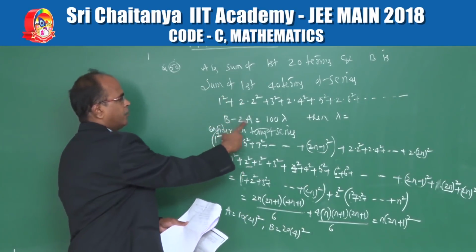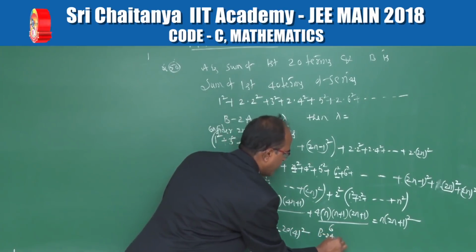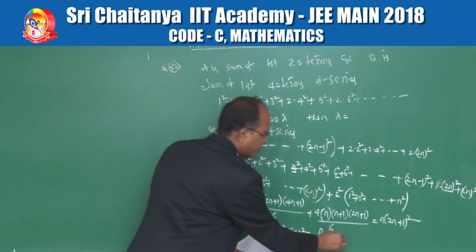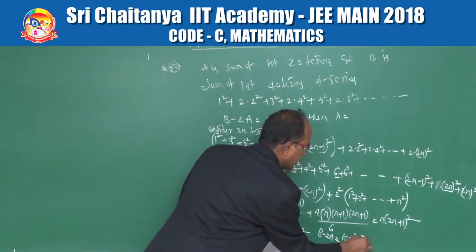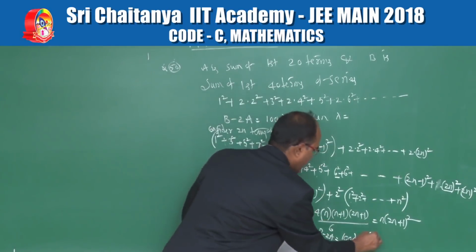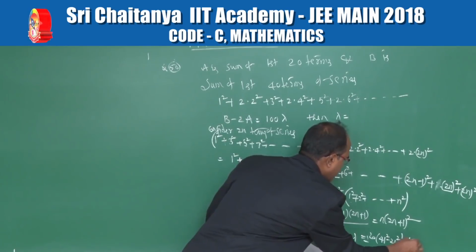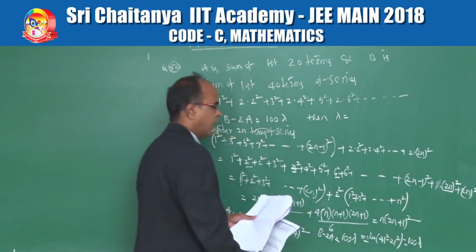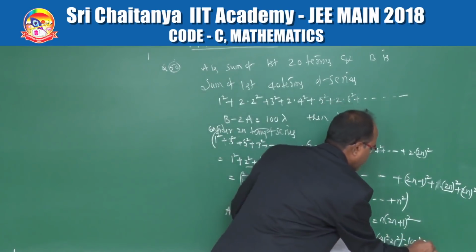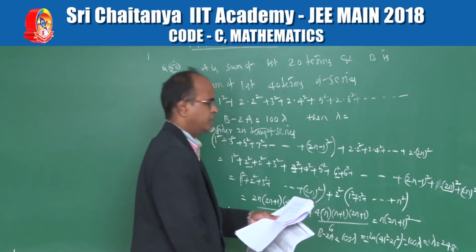Now we can calculate B minus 2A, which is given to be 100 lambda, and from here by substituting B and A we get 20 into (41 square minus 21 square) is 100 lambda, and calculating will give us lambda equal to 248.